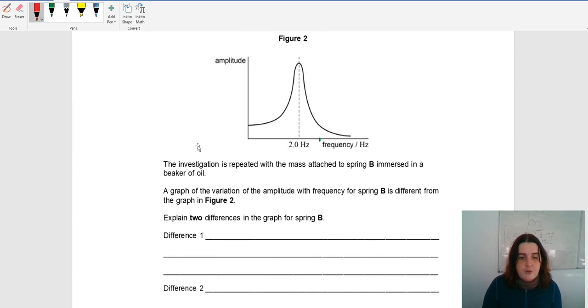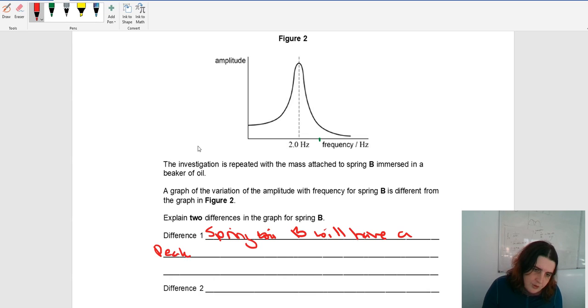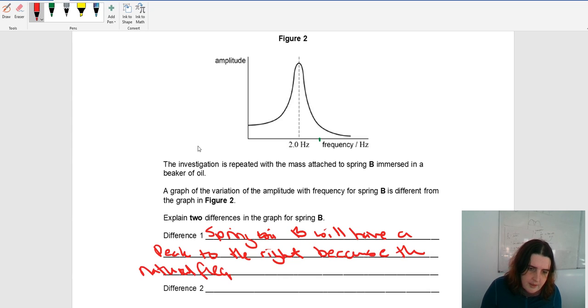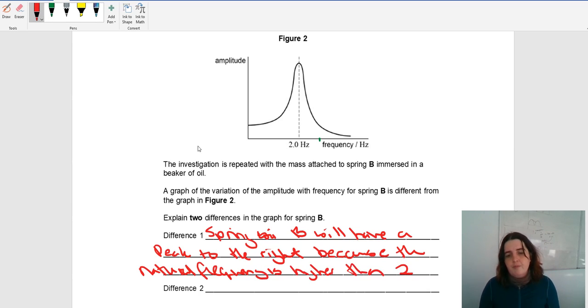So the difference, one, of course, is that spring B will have a peak to the right because, and this is an explain question, the natural frequency is higher than 2. Okay, so its natural frequency, its peak, will be to the right at 3.46.